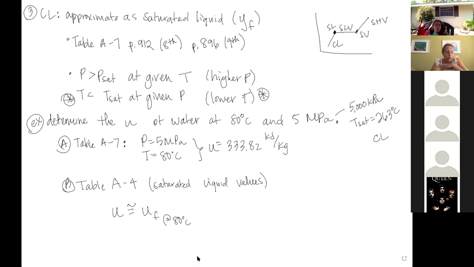So at this lower temperature, this would be approximated to be 334.97 kilojoules per kilogram, using table A4 at 80 degrees Celsius and looking up just the saturated liquid values.